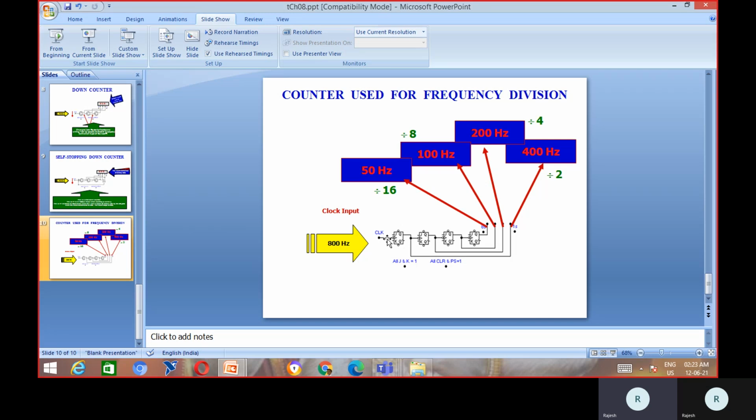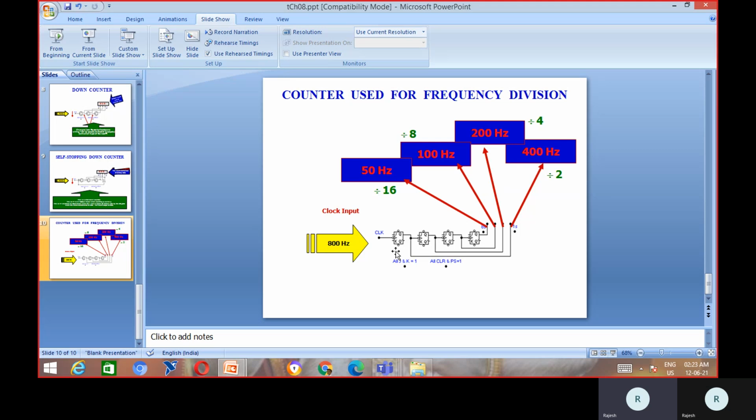The clock applied to the first flip-flop has a frequency of 800 hertz. F is equal to 1 by T. So the time period, T on plus T off, is nothing but 1 by 800 hertz.